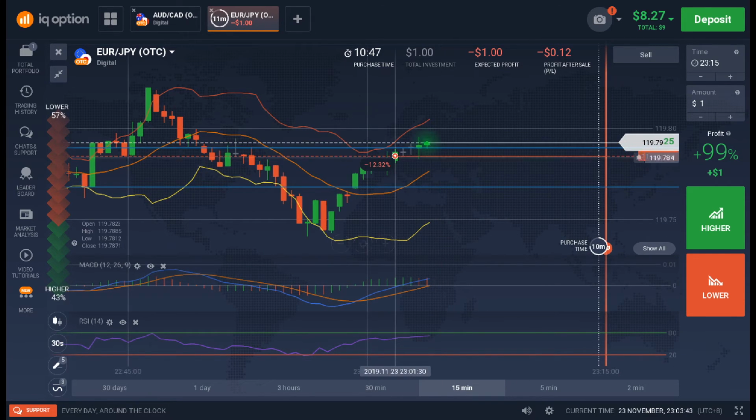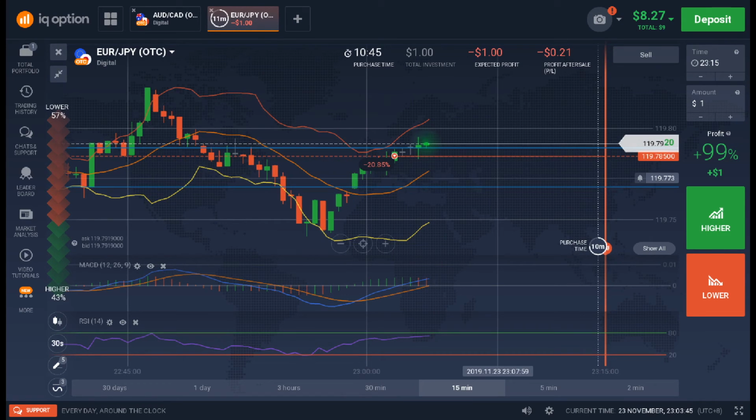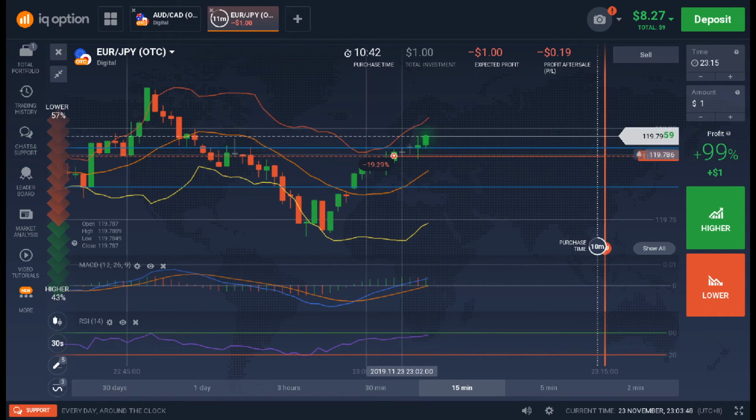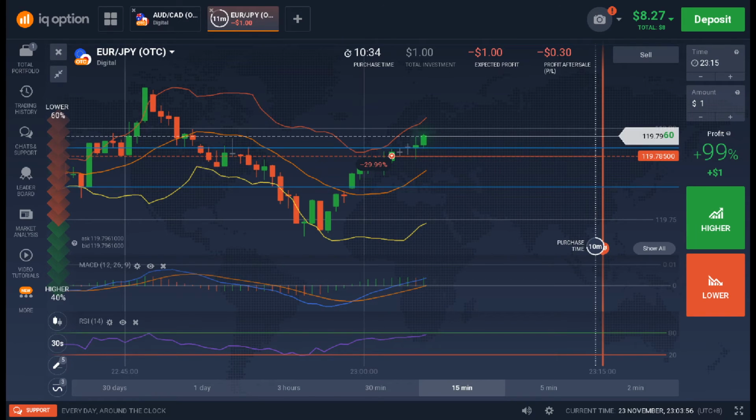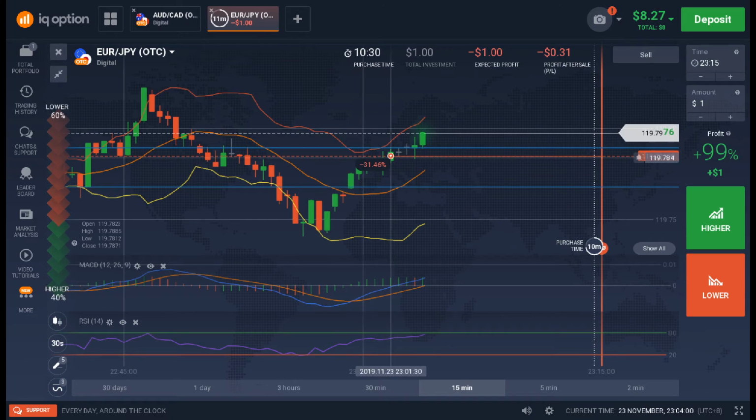We entered a little early because, as you see, sometimes my internet is not doing me any good. We wanted to enter at this level, but it entered in that area.